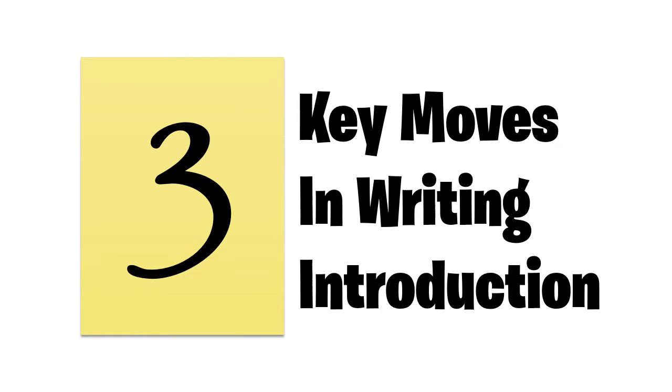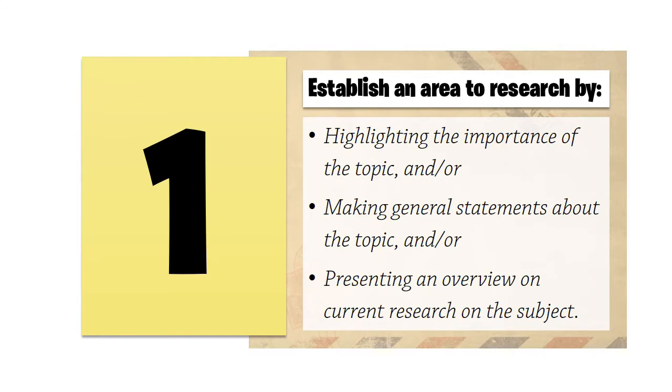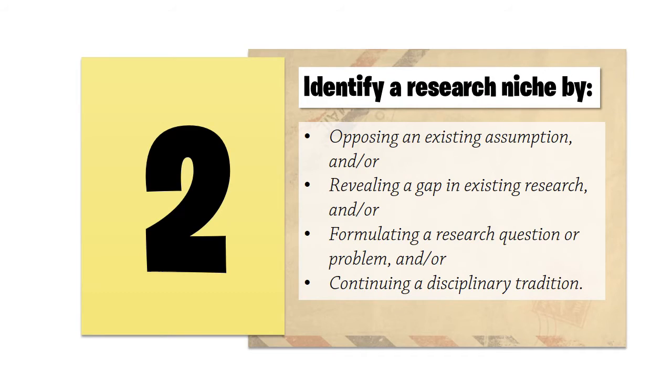Each move has its own rhetorical function. 1. Establish an area to research by highlighting the importance of the topic, making general statements about the topic, and presenting an overview on current research on the subject. Number 2.